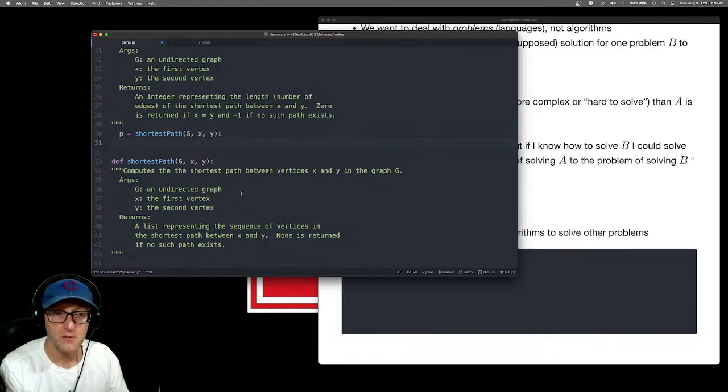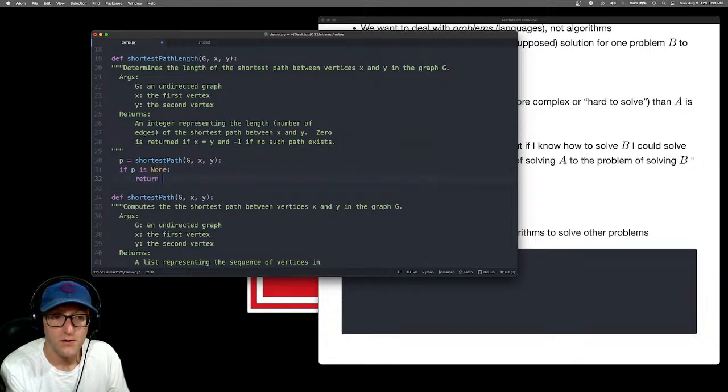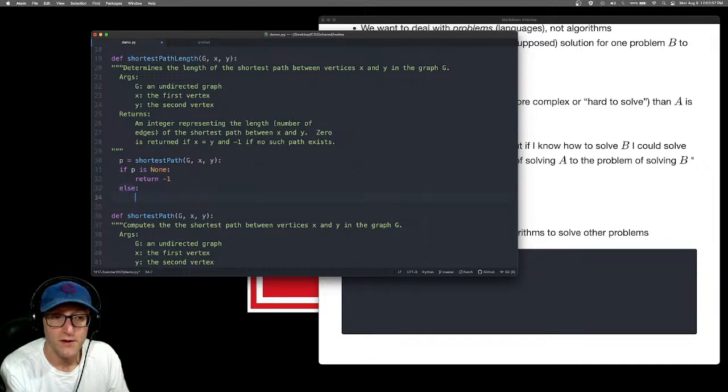So how do I determine whether or not there's a path? Well, it returns -1 if no such path exists. So I'll just simply say if P is None, return -1. Else, return the length of the path.